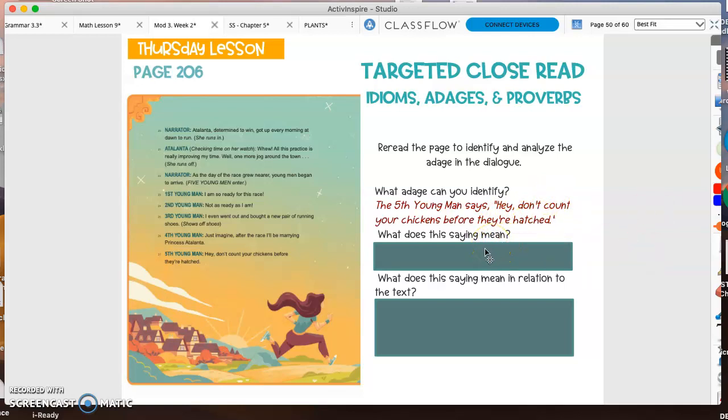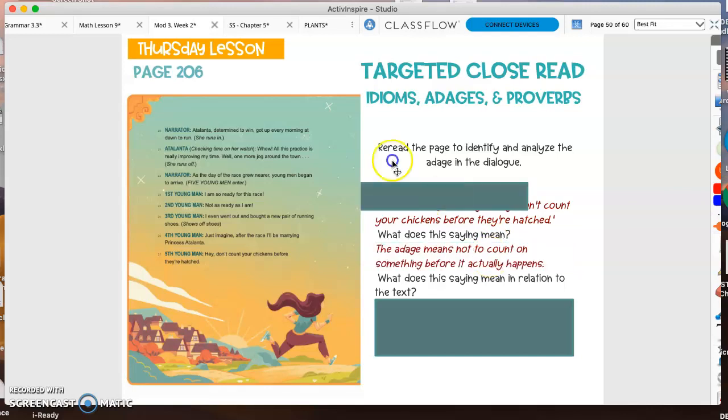So what does that saying mean? Well, don't count your chickens before they hatch means not to count on something before it actually happens. So you're getting ahead of yourself. You're kind of jumping to a conclusion that you don't know is going to happen because it hasn't happened yet.